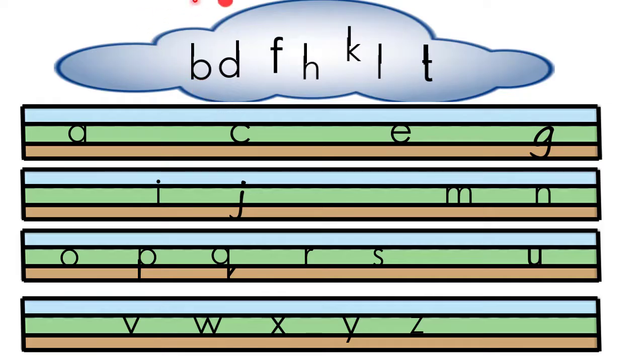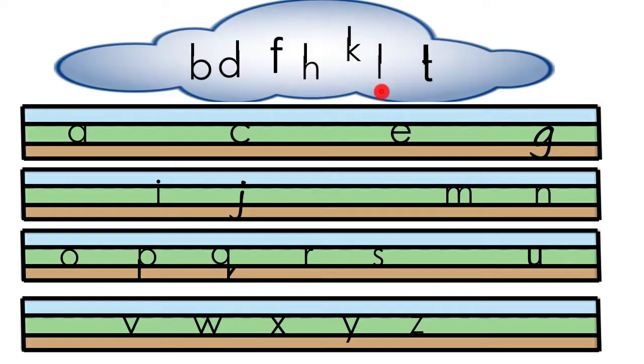So these are the sky letters. 1, 2, 3, 4, 5, 6, 7. These 7 letters are sky letters because they are written in upper 3 lines and they touch the skyline.